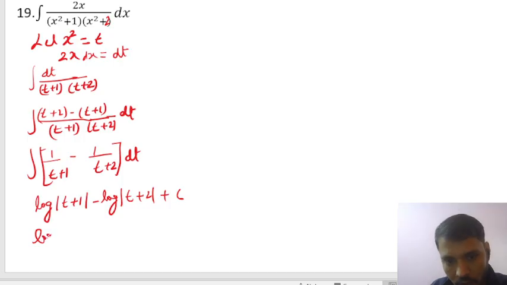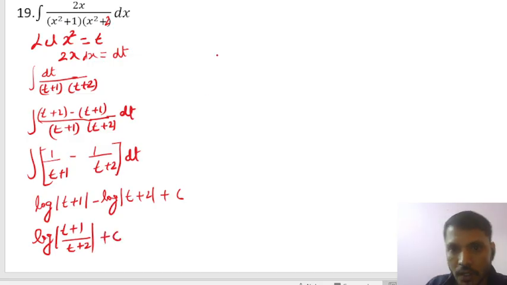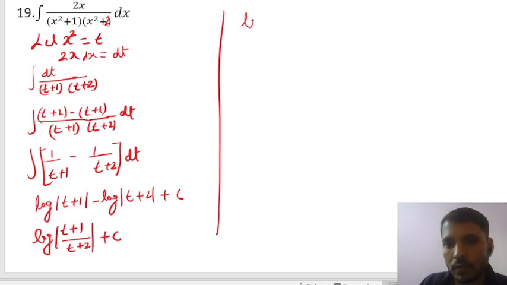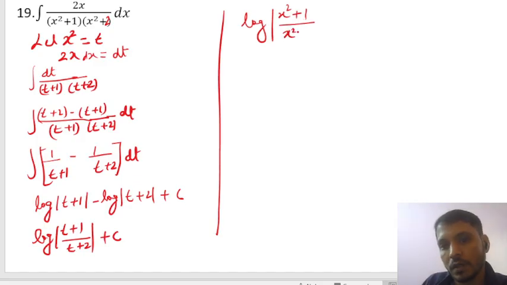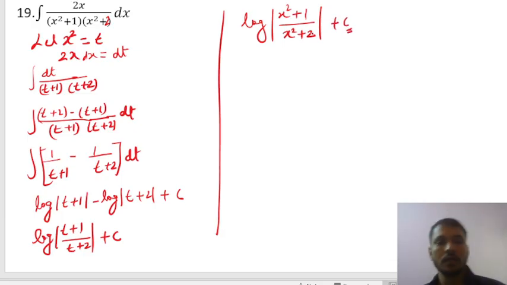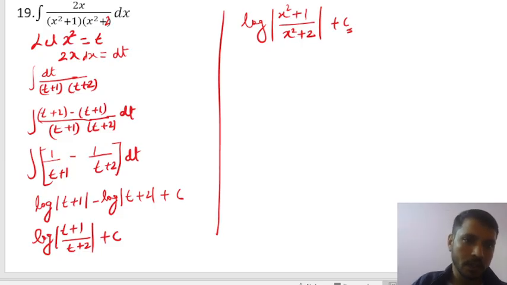That means we can apply the log property. It will become log of t plus 1 divided by t plus 2 plus c, and then finally here we can replace our t with x square, so it will become log mod x square plus 1 divided by x square plus 2 plus c. This is the question number 19. Alright, now what is the next question?